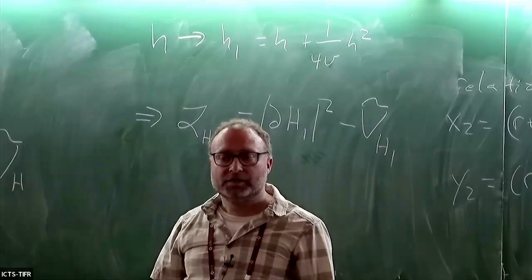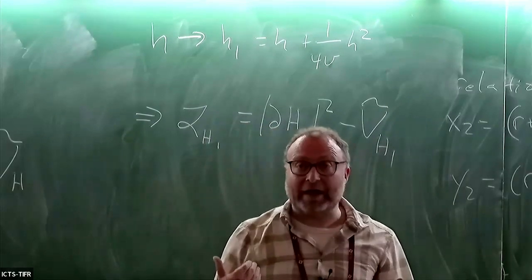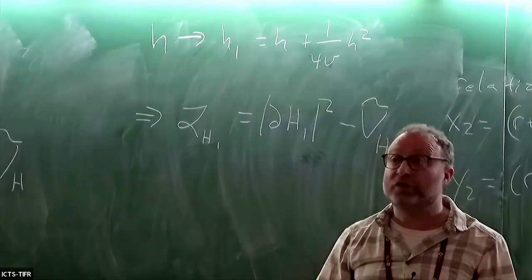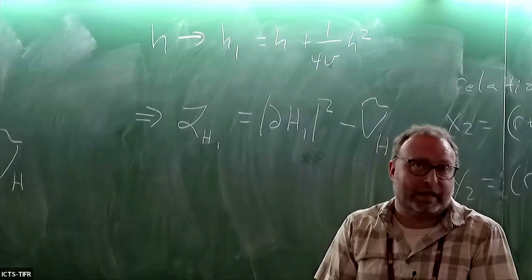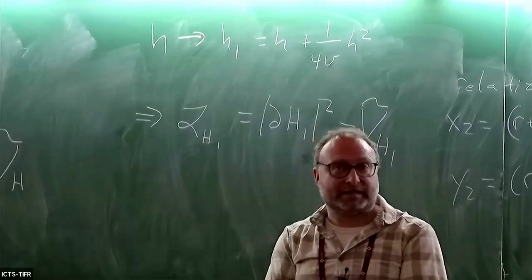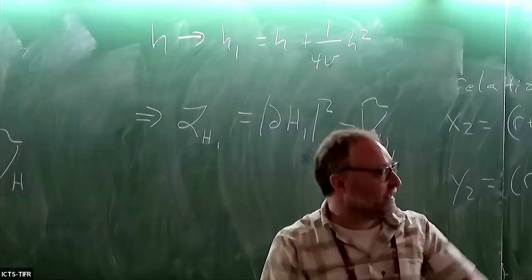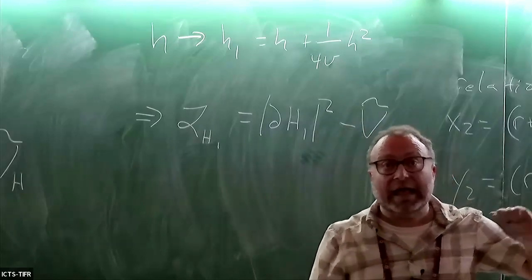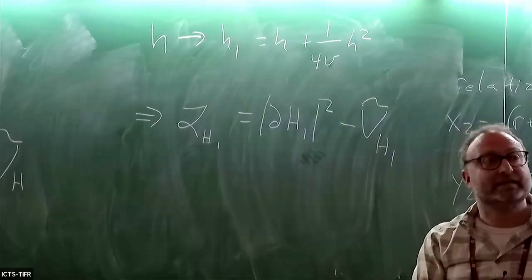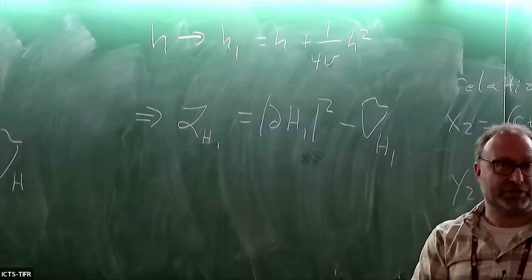I hope now I've set up the puzzle, and I've motivated you that you're going to be excited to see a field redefinition invariant way of talking about this stuff, which is namely we're going to appeal to geometry, like I kind of teased over there, and we're going to be able to frame this question, does SMEFT exist, as a geometric question.